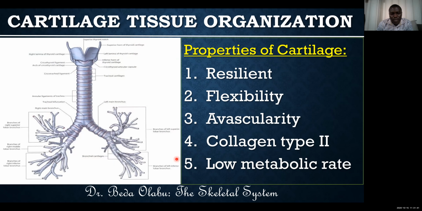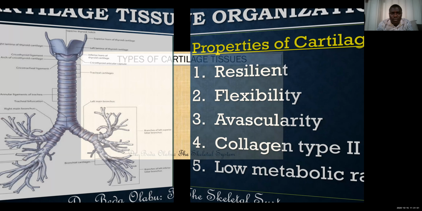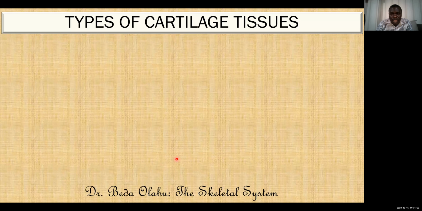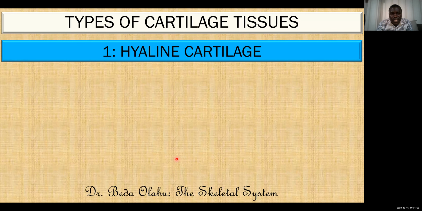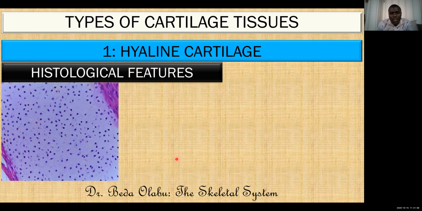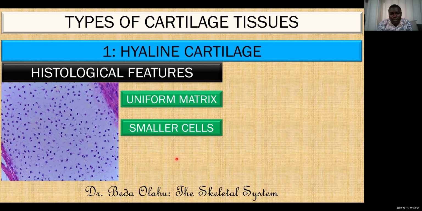Cartilage can be found in many places, but we preferred mentioning where cartilage is found based on the type of cartilage involved. We talked about 3 types. There's hyaline cartilage, which has some unique histological features, one of them being a uniform matrix. The cells of hyaline cartilage are smaller, and it has perichondrium.